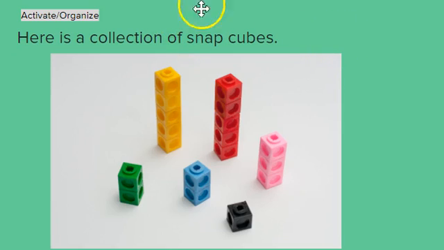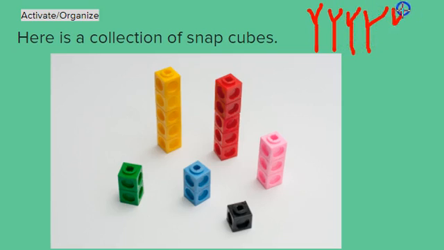Great. So you should have shared with me which ratio you chose to do. Let's look at a few of these. So let's say I had the yellow, 1, 2, 3, 4, 5. I had 5 yellow. And let's go with the green.